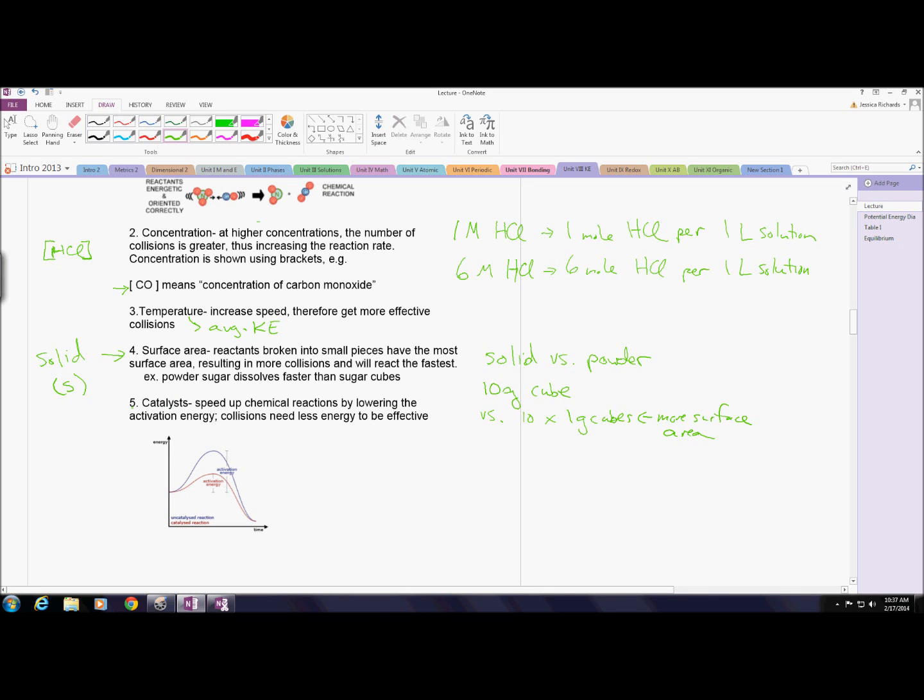And last but not least is to add a catalyst. If we add a catalyst, remember all we lower is the activation energy. Since it takes less energy for a collision to be effective, more of your collisions will work. The other thing that catalysts sometimes do is hold the reactants in the right direction.